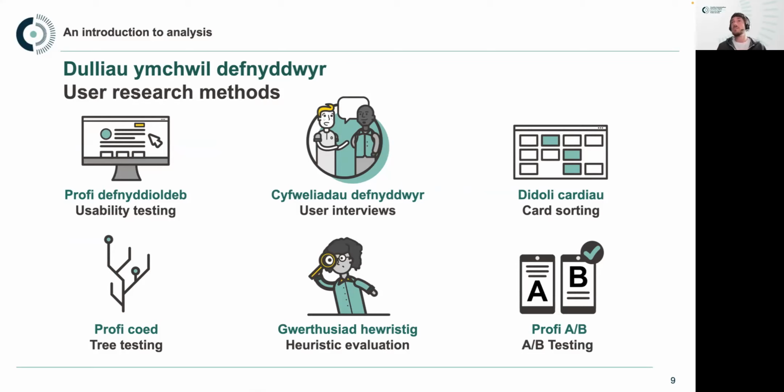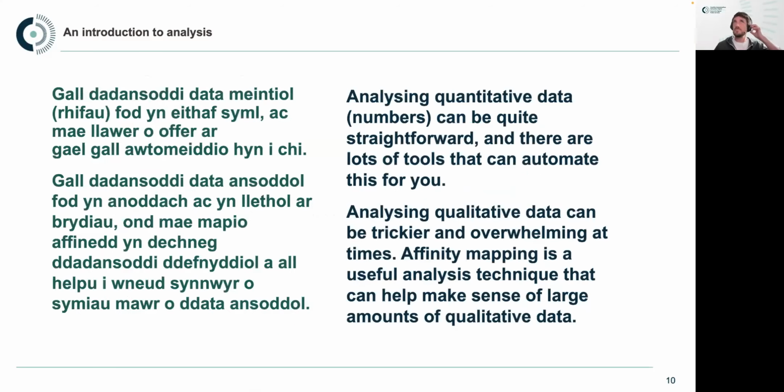Whereas user interviews, which is a very different technique, you'll get mostly qualitative data. That will be quotes and observations, and there needs to be quite a lot of interpretation done to that.